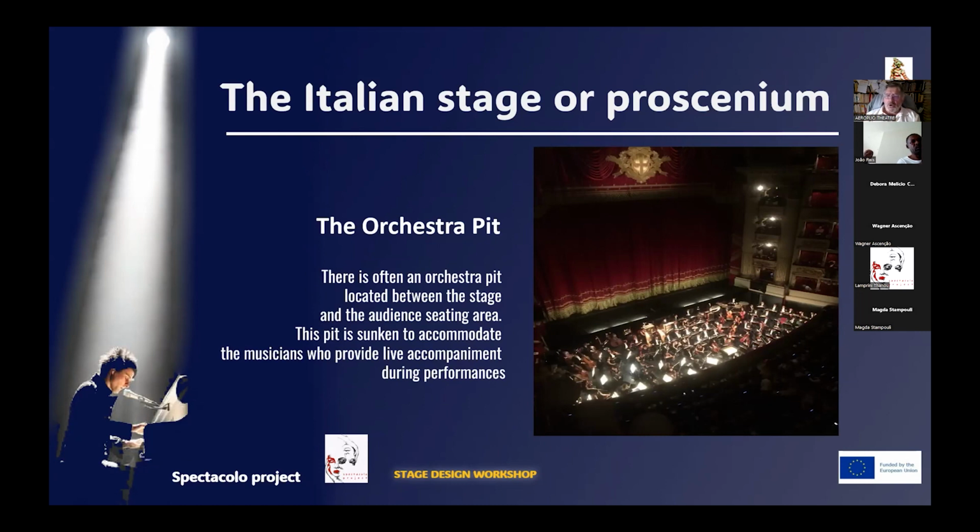The shape of the orchestra pit is very important for making sure that the theater has good acoustics. This is very important, the good acoustics of this theater. And all of them have very good acoustics.